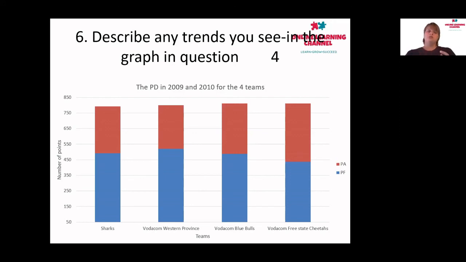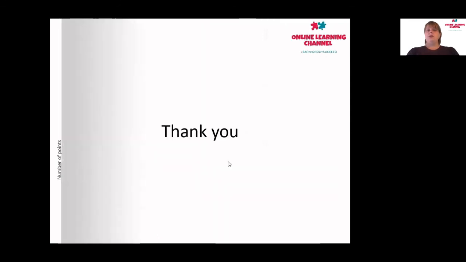They tend to do as good, or all four of them are on the same level. You can say anything like that to make your comment. So your trend is these four teams are on average the same if you look at points against and points for the team. Thank you very much.